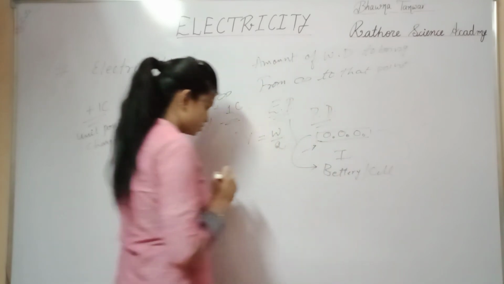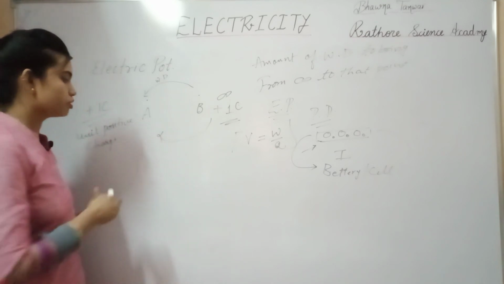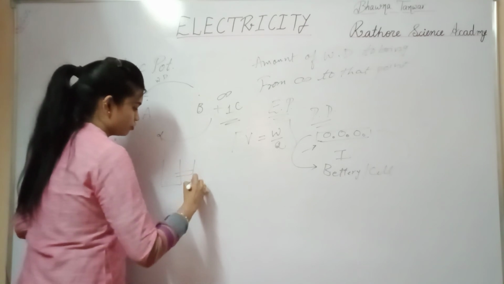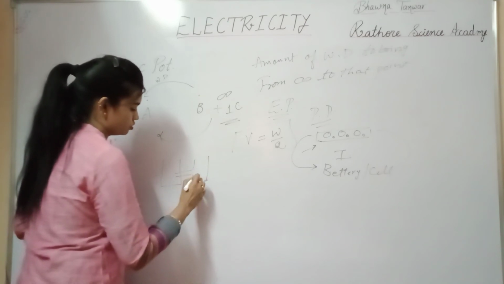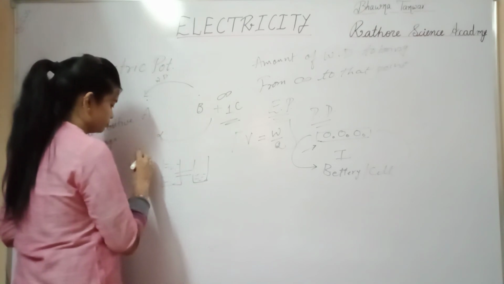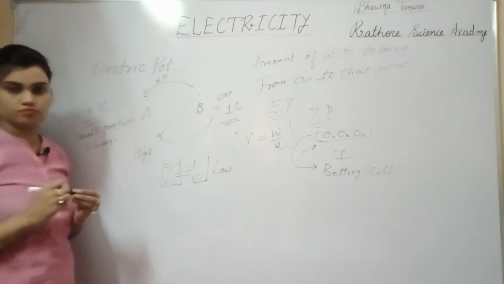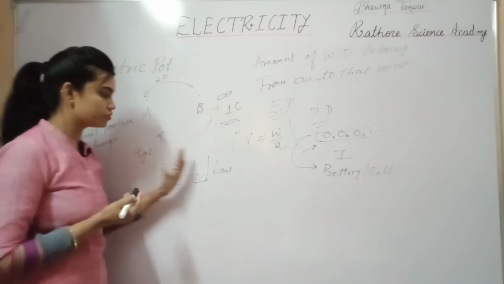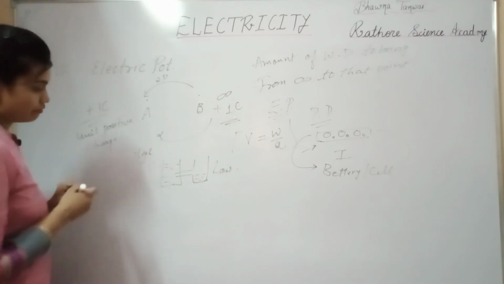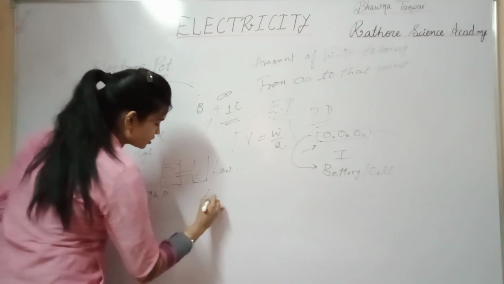So why potential difference? To understand this, see, all things flow from high to low. If we talk about water, water will flow from a high level to a low level, right? If there is a difference between two levels, air also flows in tunnels when there is a difference from high pressure to low pressure.